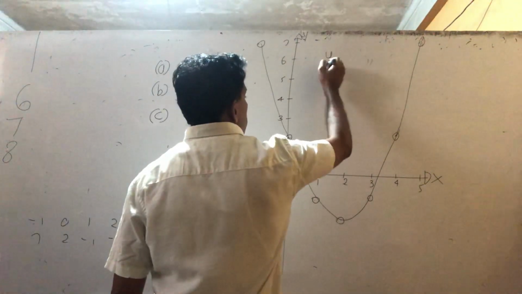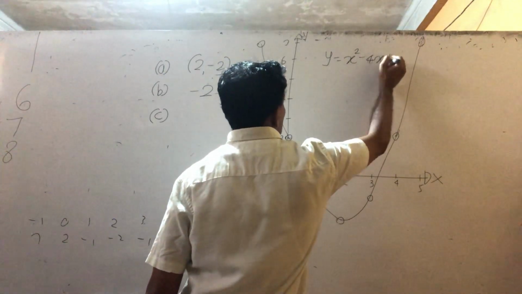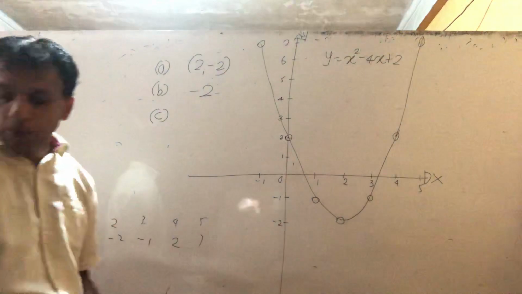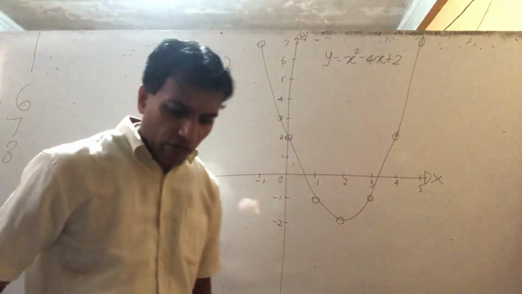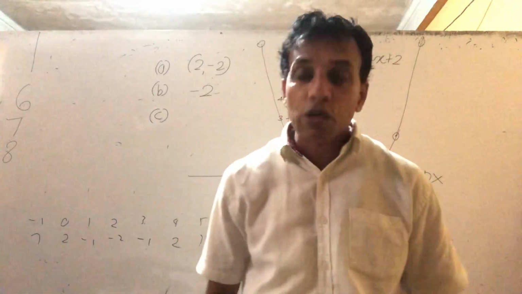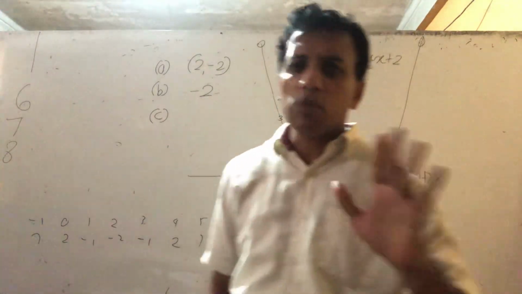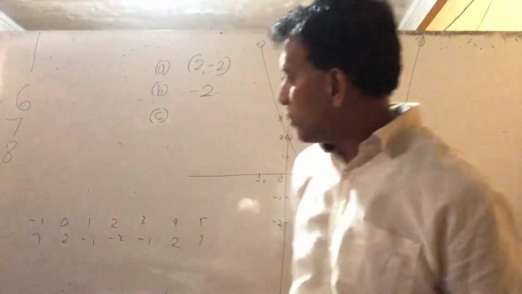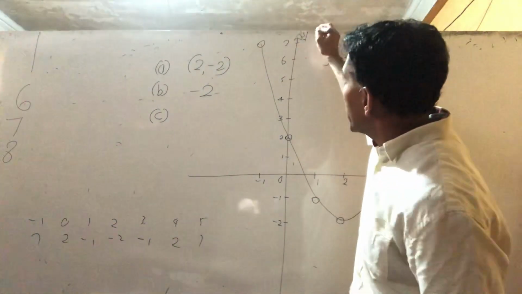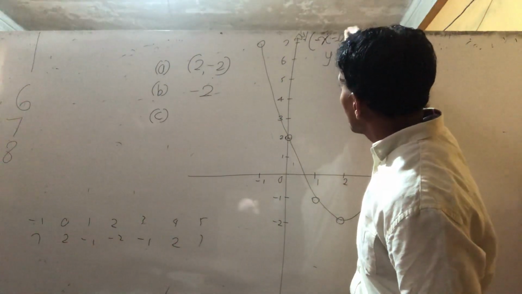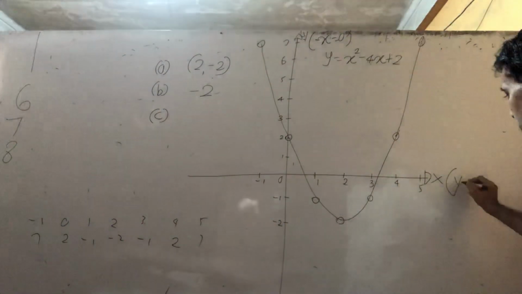This graph is y equals x squared minus 4x plus 2, drawn by completing the table. So what does this question mean? Function means the y value, so y is 0. Where is y 0? The x-axis. Another name for the y-axis is x equals 0, and for the x-axis, y equals 0.